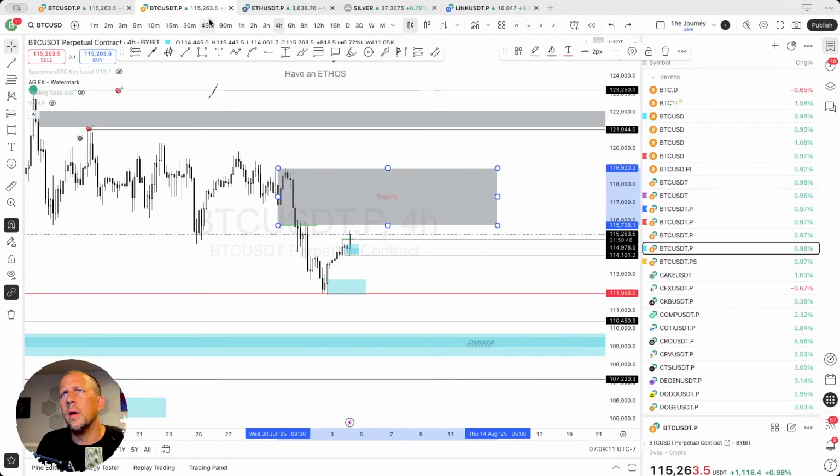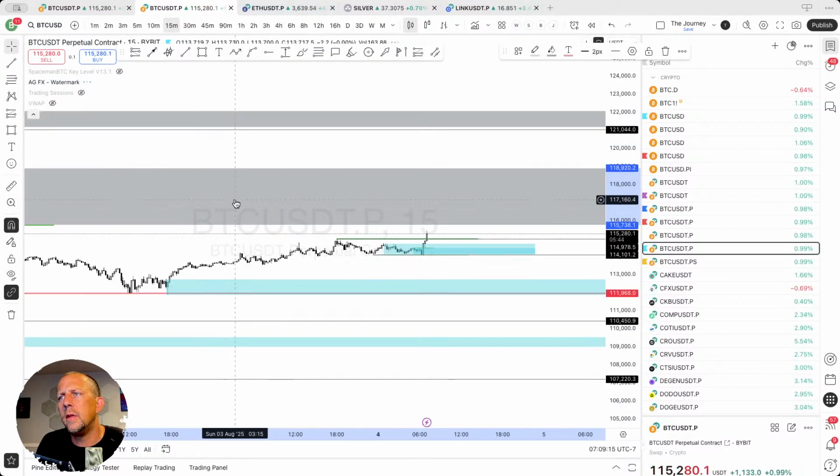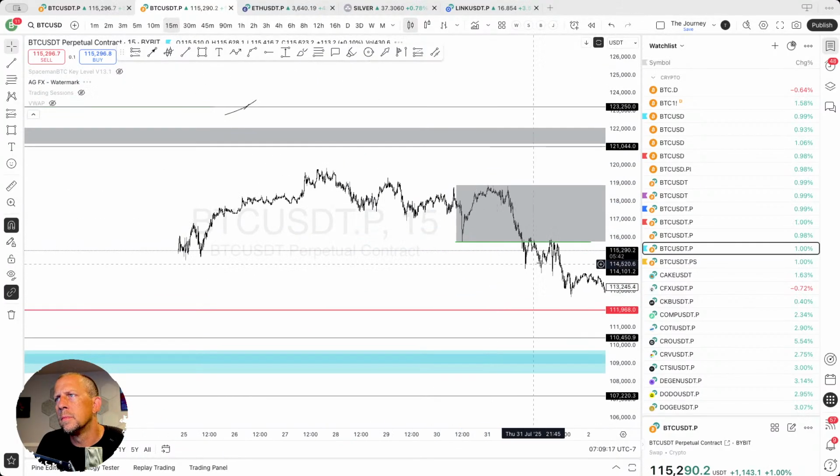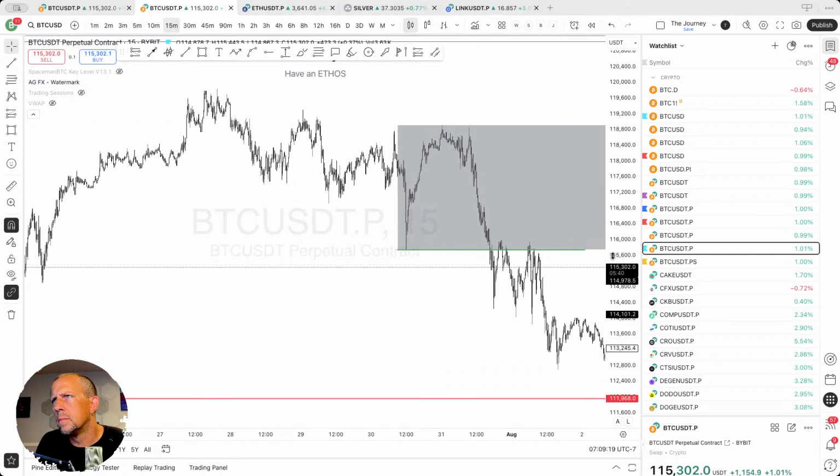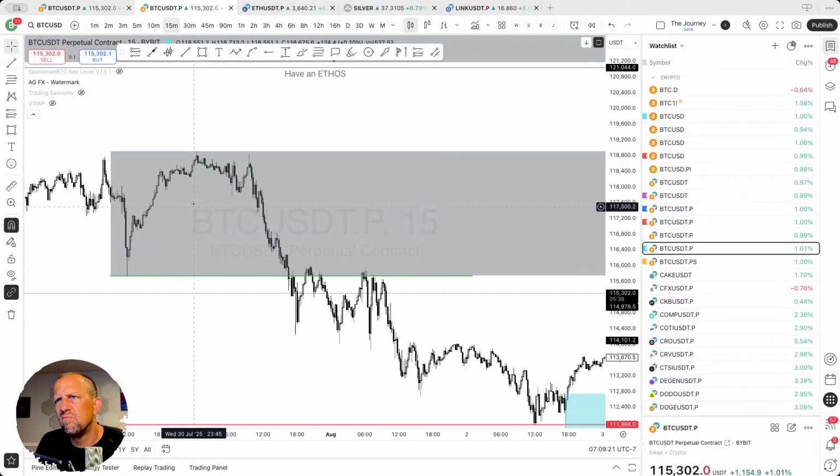Go look at it on some smaller time frames. Let's maybe go to the 15. Yeah, it could just push right through this. I'm going to put a little bit more highlight on, yeah, probably this area of it here.